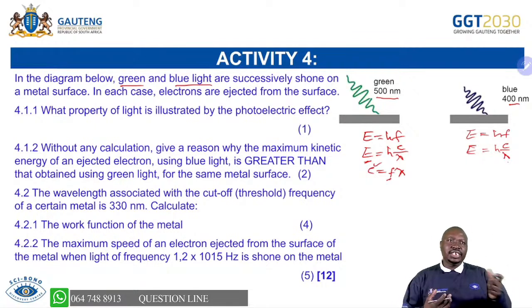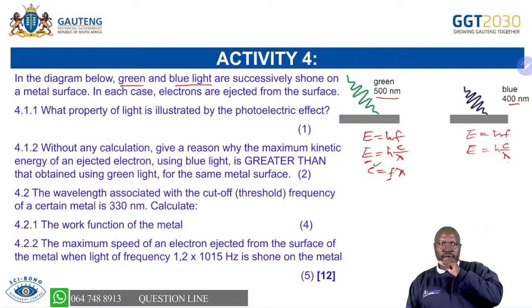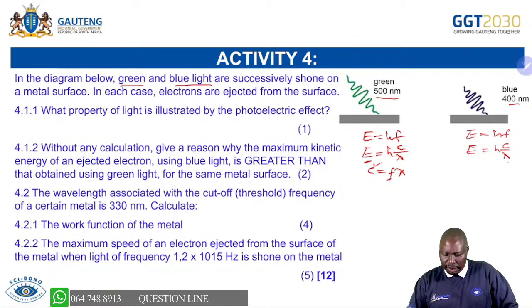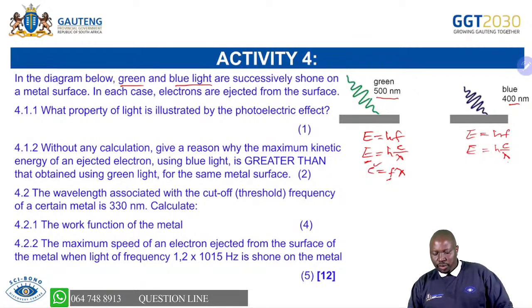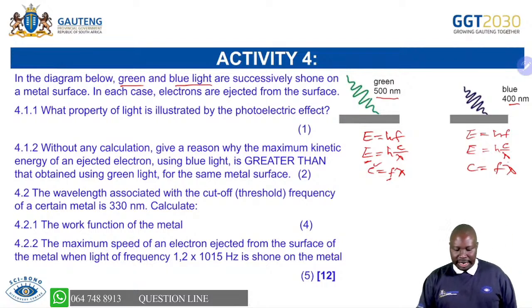Those conversions are very important, because we don't want you to lose marks by not converting to meters, since we use meters as our unit there. You can't say nanometers. You must say 500 times 10 to the power of minus 9 for green light, and 400 times 10 to the power of minus 9 for blue light. Those are given like that, and you can utilize that information to calculate all of that.